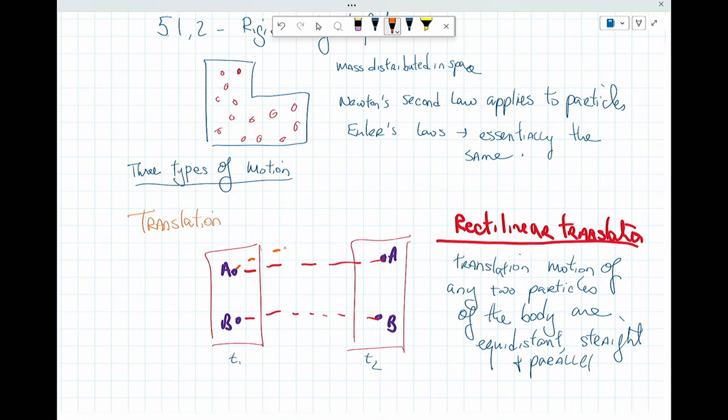You can also have curvilinear translation.